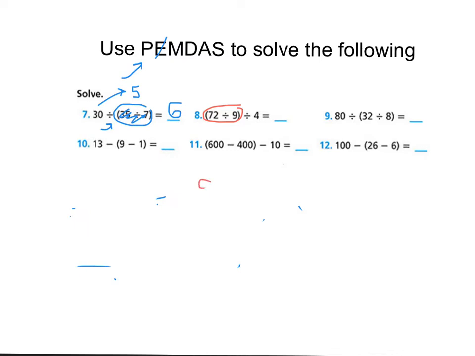I'm going to ask myself, 9 times what equals 72? Well, I know that 9 times 8 is 72. I've solved what's in my parentheses. Now I need to do 8 divided by 4. If I have 8 cookies and I split them between 4 friends, how many cookies does each friend get? They each get 2 cookies.